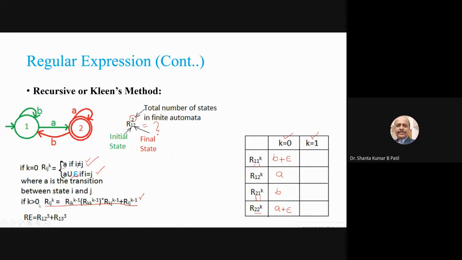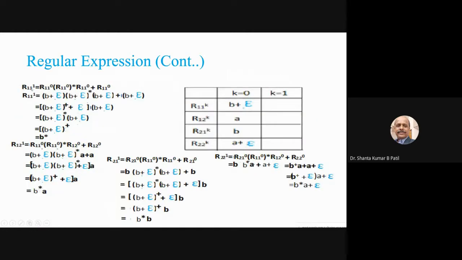Because the k value is greater than 0, in such a case we are using this equation. For the first case, R of 1 1 power 1. So this is R of 1 1 power 1. The k value is 1, so R of i is 1, j is 1, k is 1.